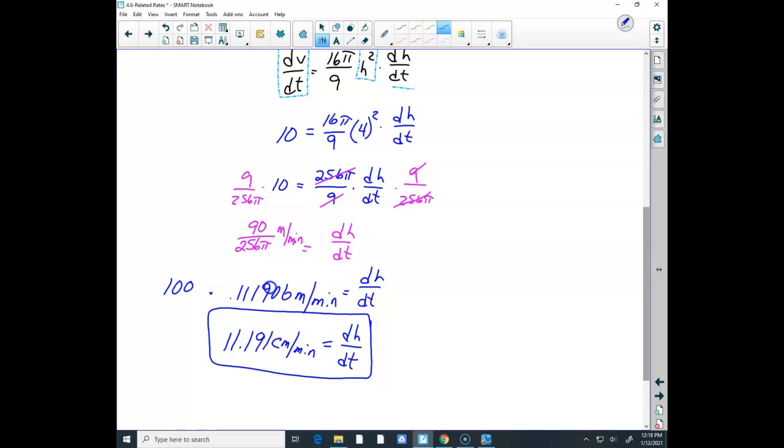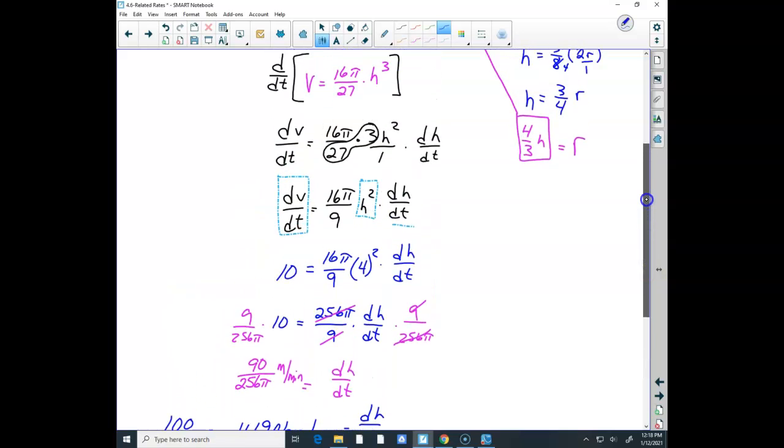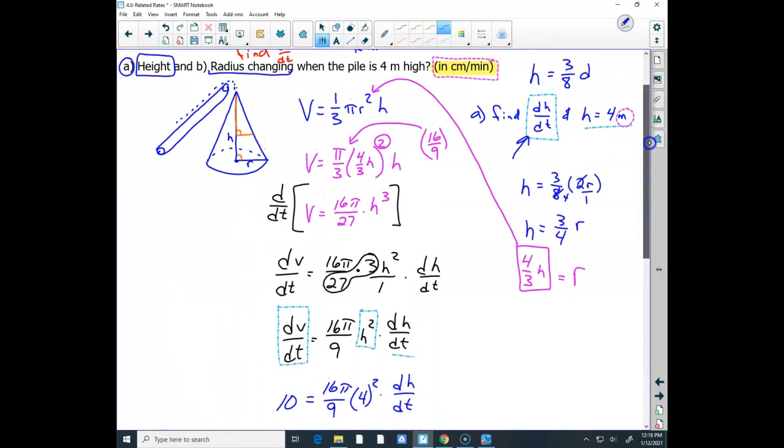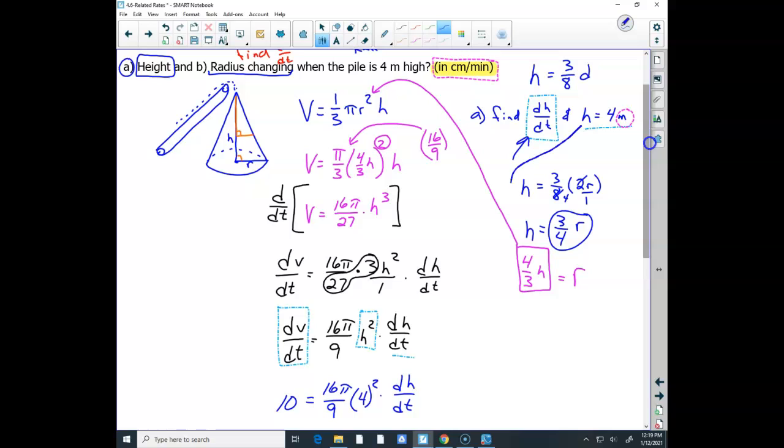Now, they want me to find dr dt. Okay, well, I can do that. And notice, I don't have to come back here, really. I could come back to my volume equation, and I could replace that with h and differentiate with respect to r. They didn't give me r, but I could plug my h into my r function here, and I could find it.